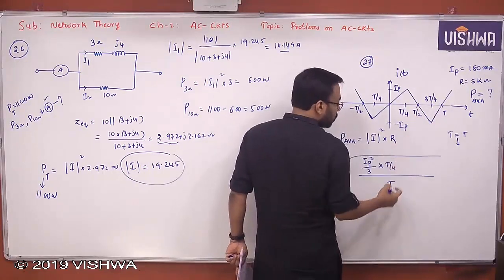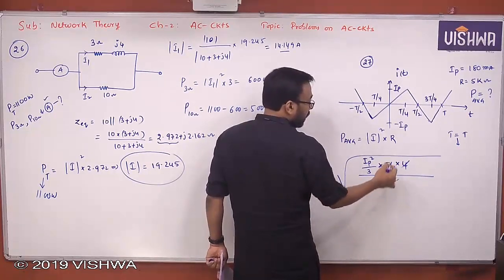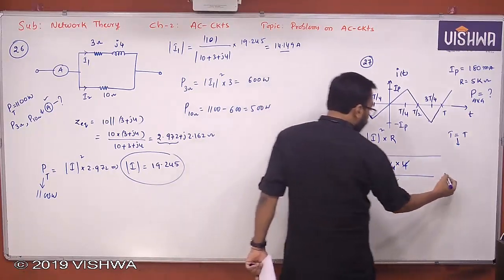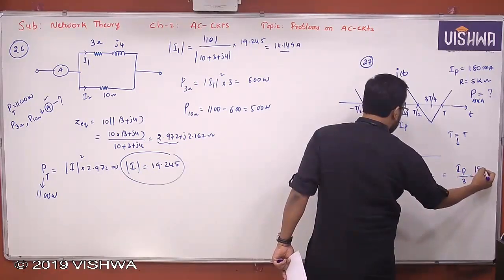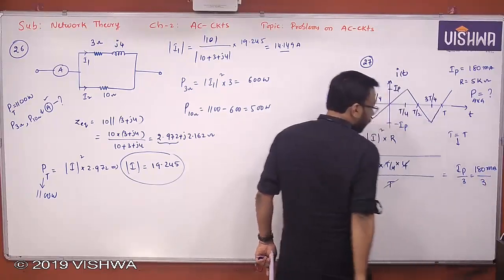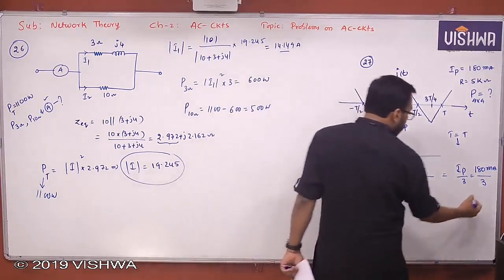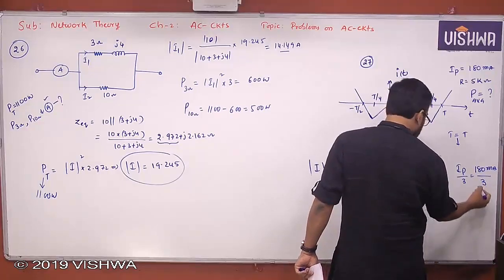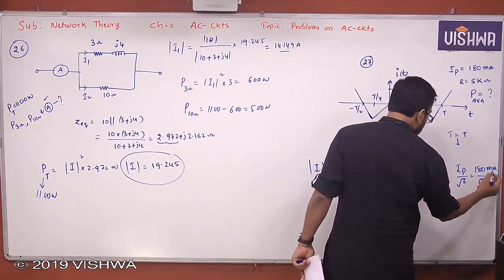This one is also the same. So totally 4 ramps are there. So the 4 gets cancelled and T gets cancelled. And finally you got IP square by 3. So I RMS is 180 milliamperes by root 3, not 3. IP by root 3, that is 180 by root 3. Understood, all of you?